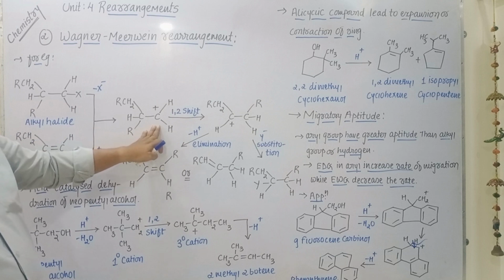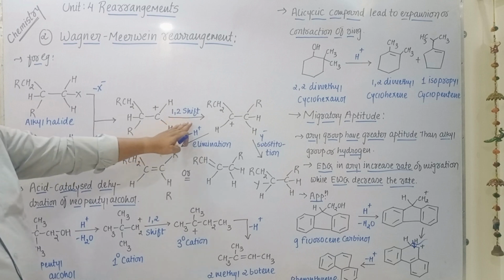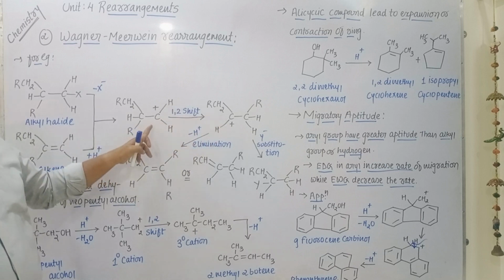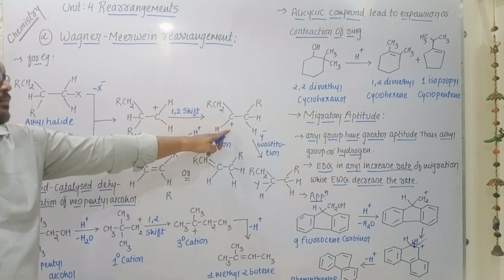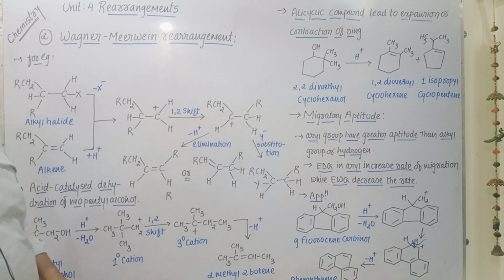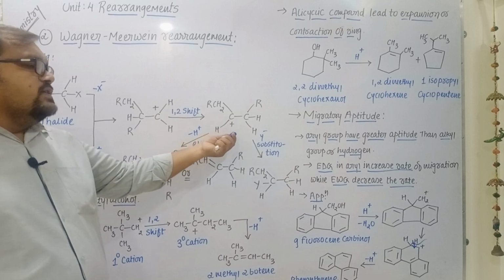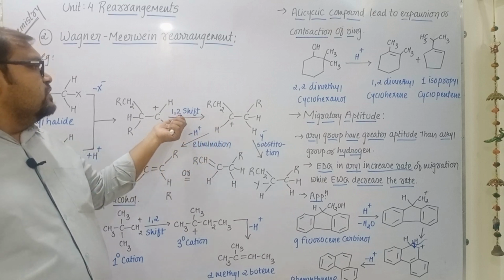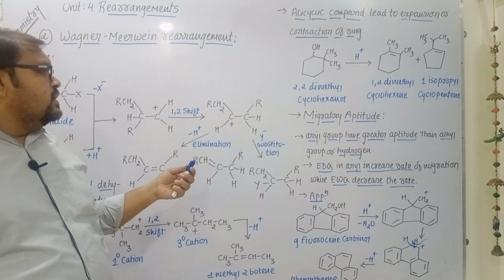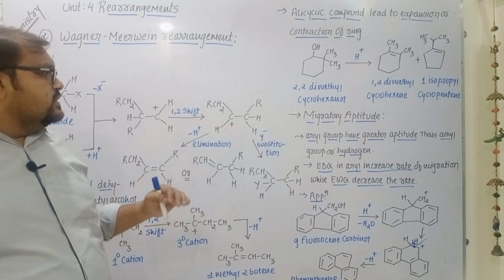Then after formation of this intermediate, what will happen? It will undergo a 1,2 shift to give a more stable secondary carbocation from the primary carbocation. After formation of this secondary carbocation, or after the 1,2 alkyl shift, there are two possibilities.